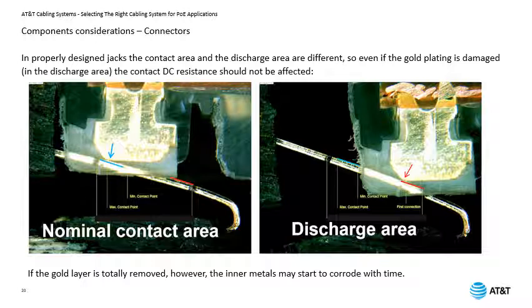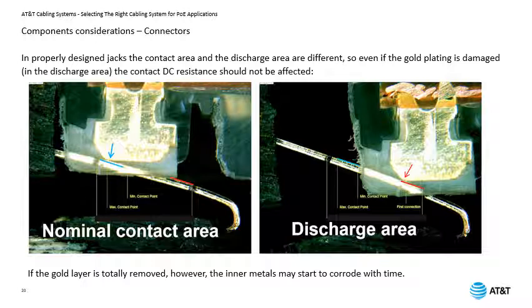You can see from the pictures where the discharge area is located in the right picture, while the normal contact area for data and PoE is seated far away from that point.